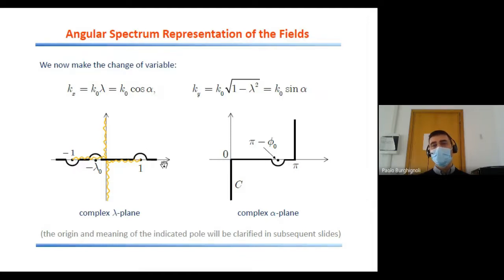If you now revert to the alpha variable, which is an angular variable, the real axis is mapped into this contour C, which is made of the vertical path on the negative imaginary axis. Then we have a horizontal path from 0 to pi, and a semi-vertical path again parallel.